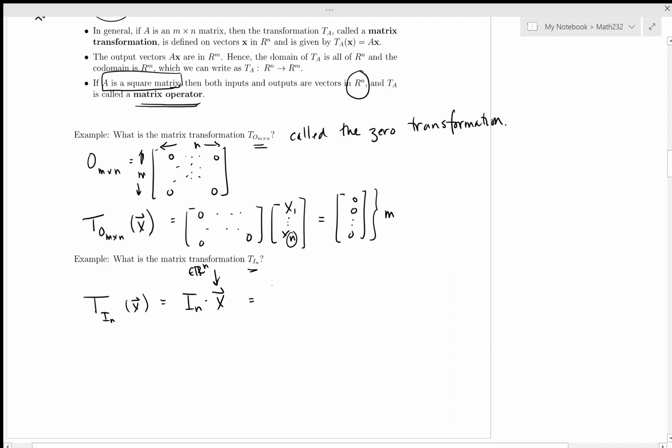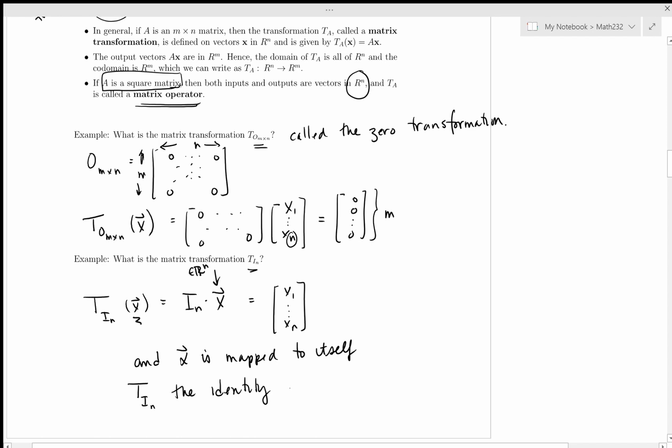And so what will happen is out here you will get the vector x1 to xn like that, which is exactly this input here. So x is mapped to itself. Okay, that means that we call T sub I the identity operator. Doesn't do anything.